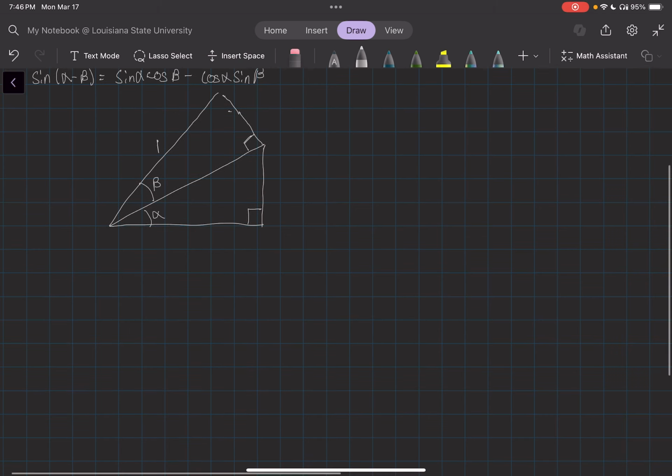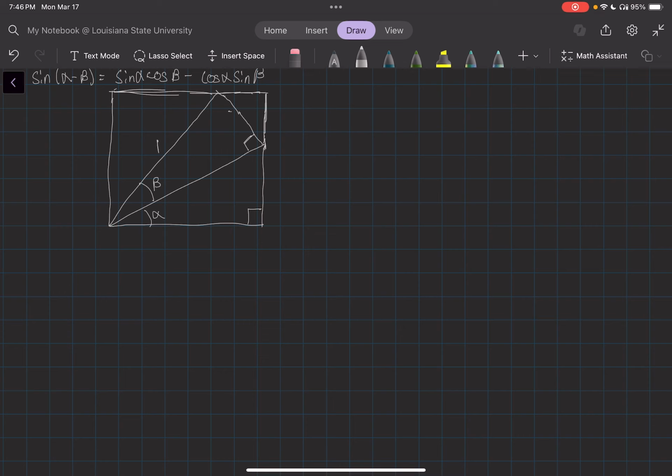And then from here, you could construct a rectangle, or you sort of have to construct a rectangle for this geometric proof. So we're kind of doing what the Greeks did a long time ago. We're doing geometry.